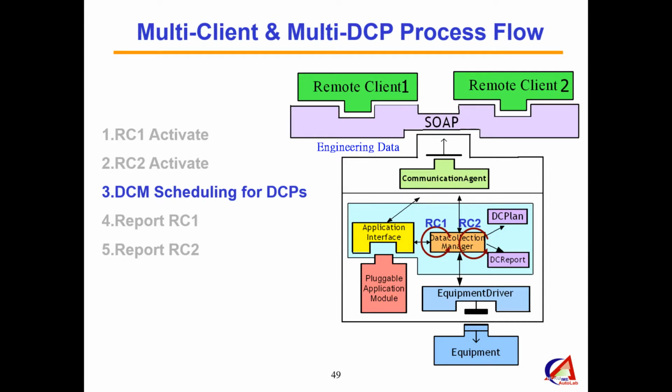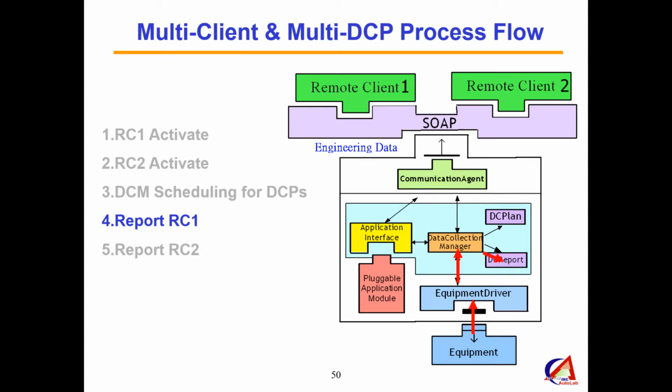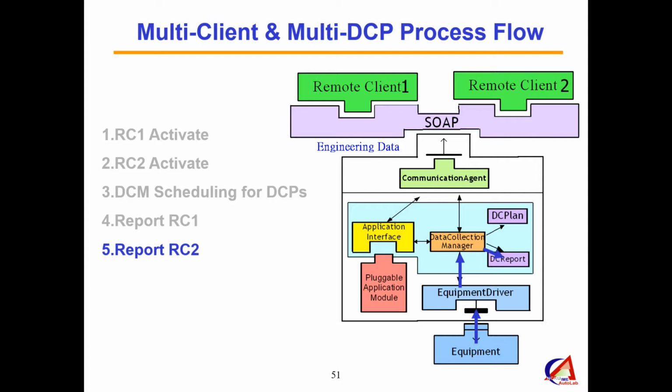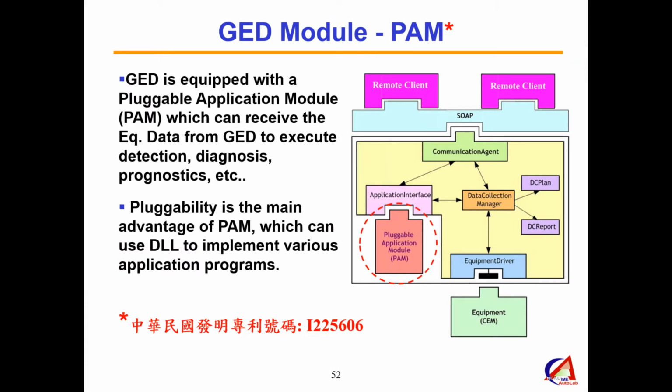We have 2 TCPs, right? Then it prepares the report for remote client 1 and prepares the report for remote client 2 and, of course, reports it back. So then the PAM, this is, you see, 10 years ago I had this kind of patterns.